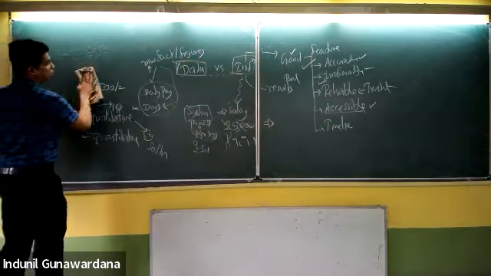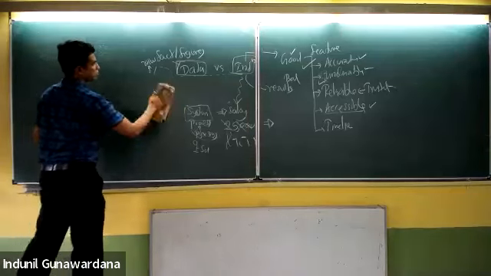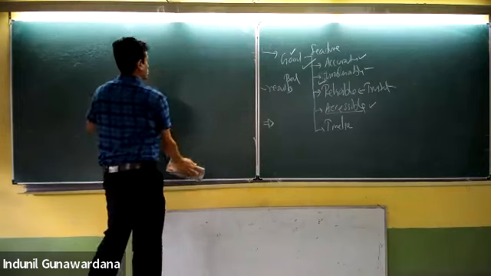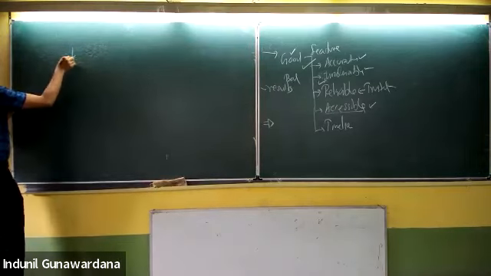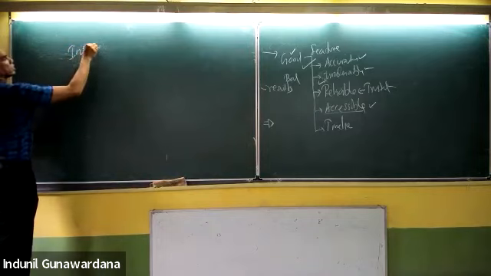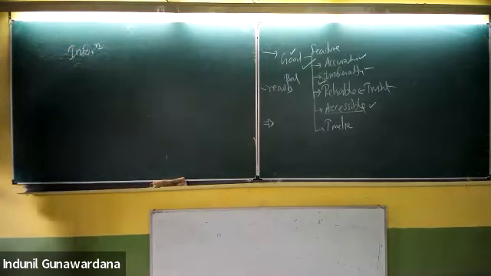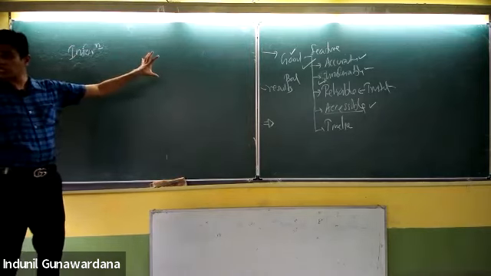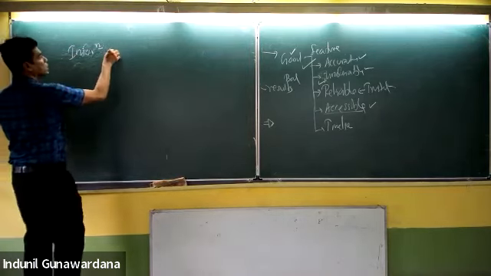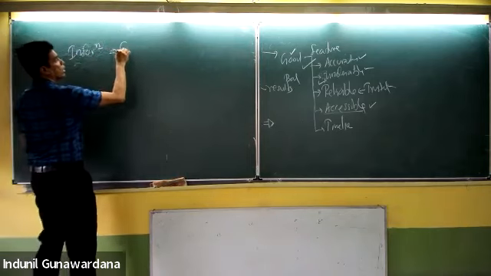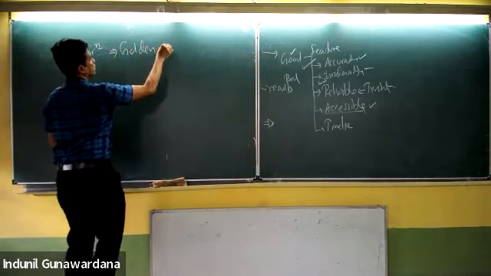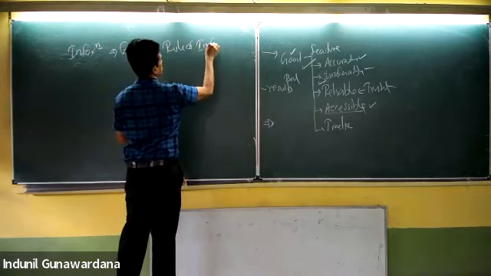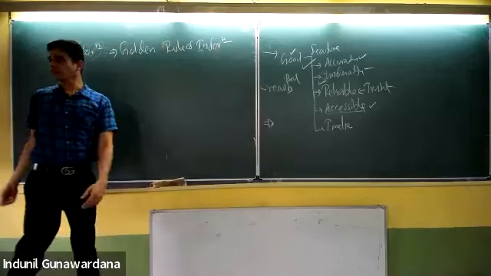Now, with respect to information, the particular results are subjected to a certain rule called as golden rule of information.